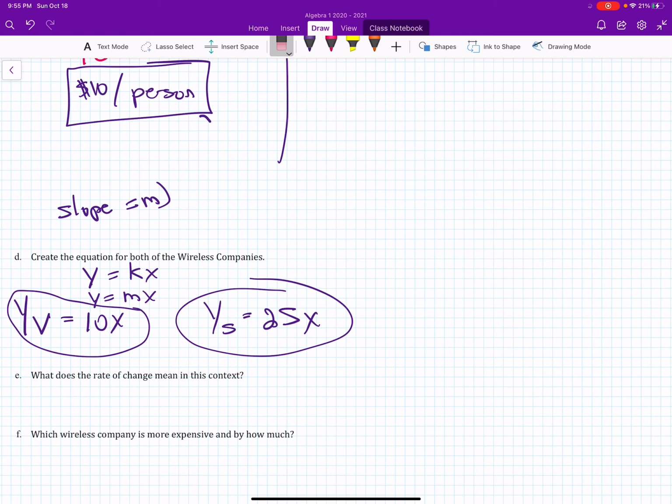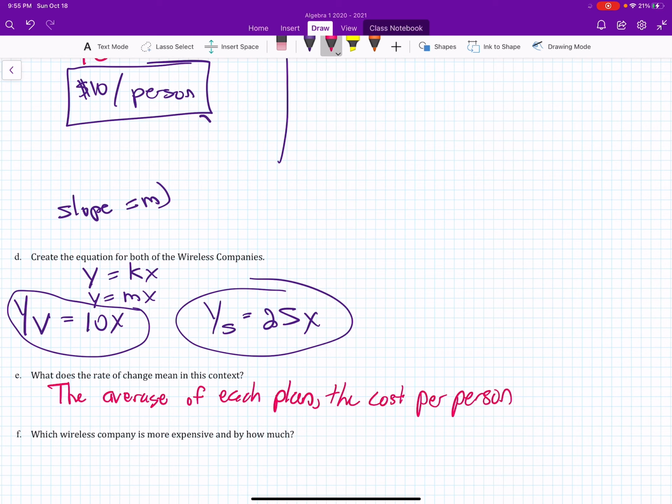The rate of change means the average cost of each plan. The cost per person, or as the rate.